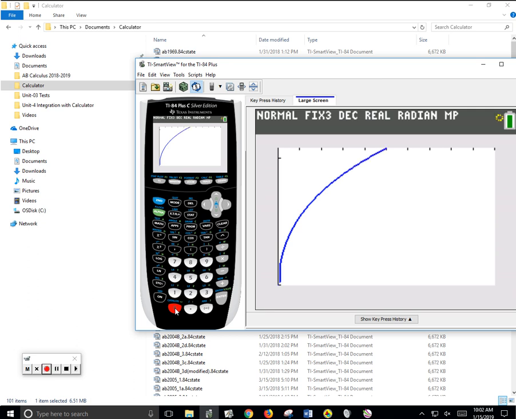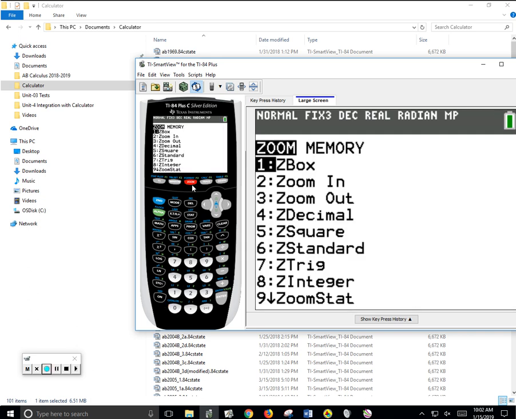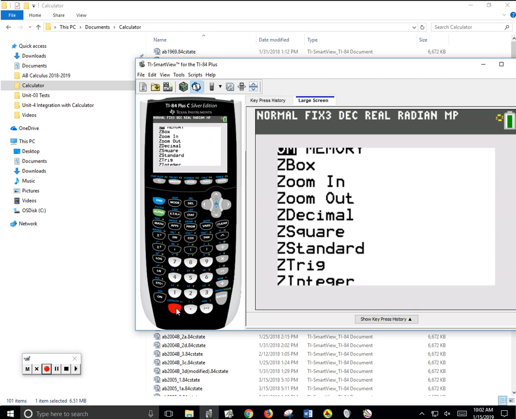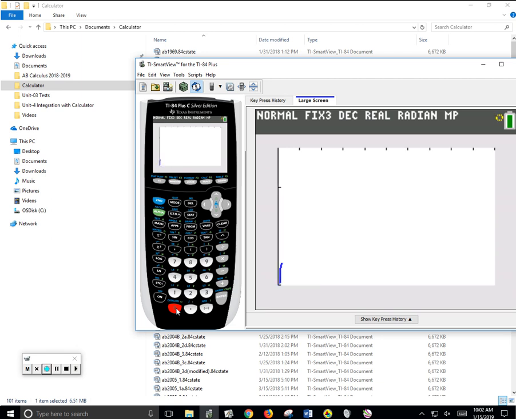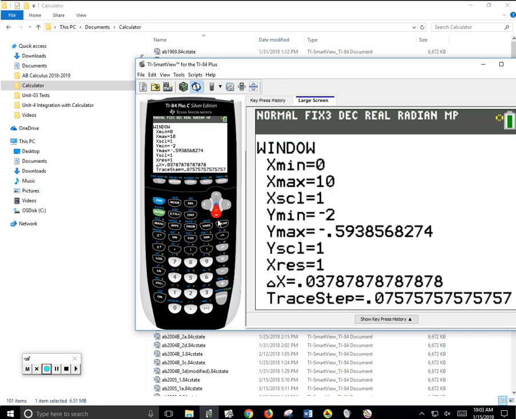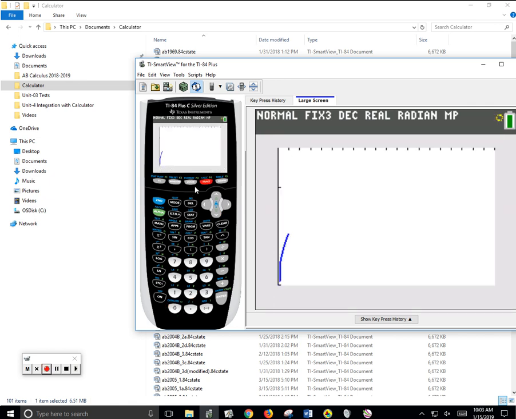I didn't do the right zoom fit, I think. Zoom fit. Still not big enough, so I go to 20. Pressing on will stop the graph, so if you know something's wrong, just press on.